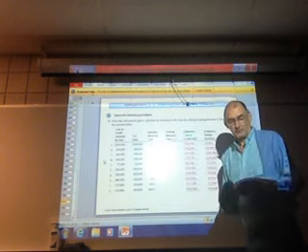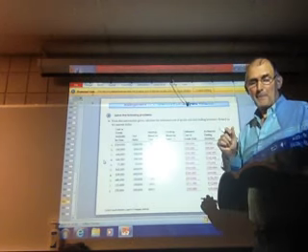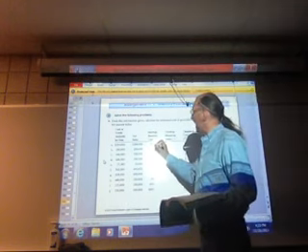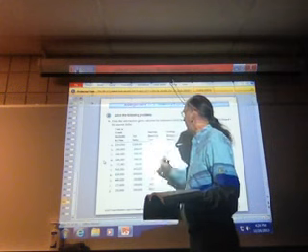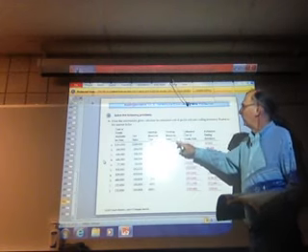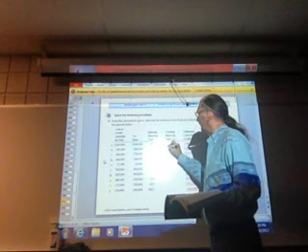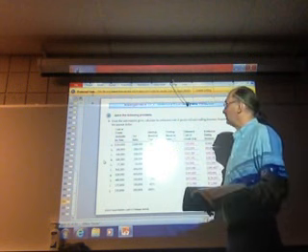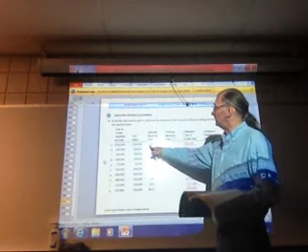Pretty quick, yes? When I see markup based on cost, I'm going to divide and add to 100%. When I see markup based on sales, I'm going to multiply and subtract the markup from 100%. That's all I'm going to do. So I'm going to do markup based on cost, this column.